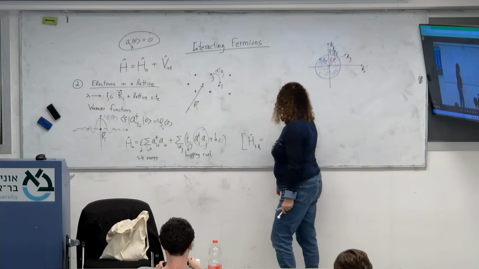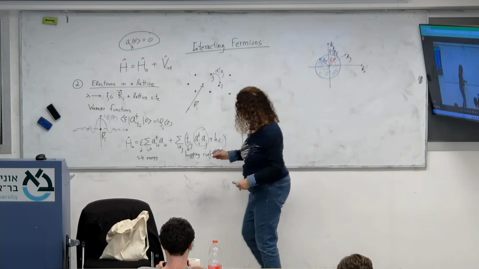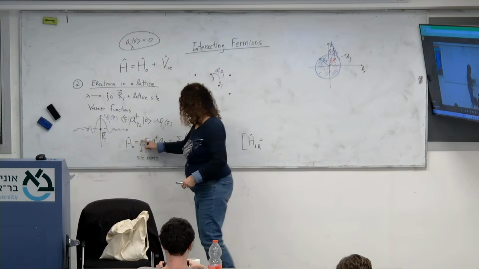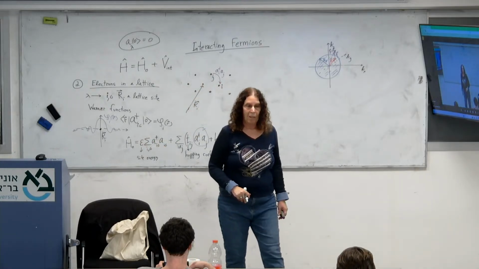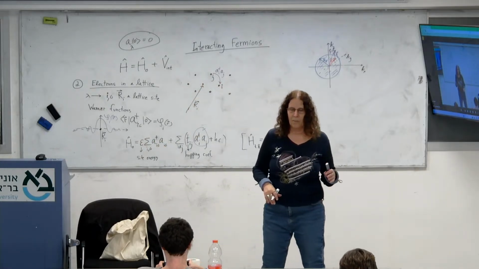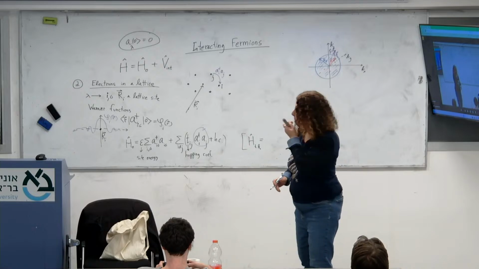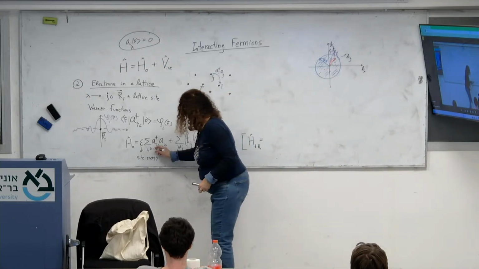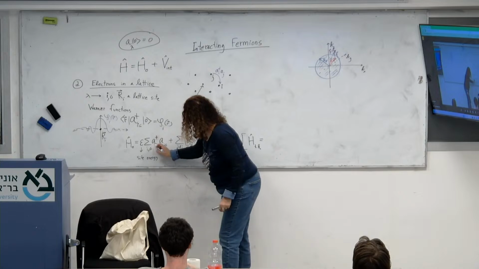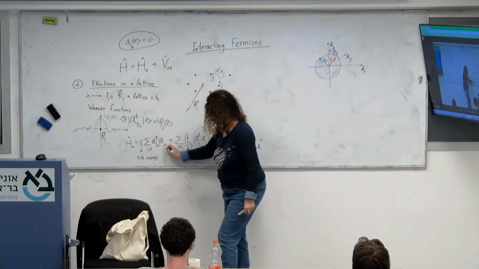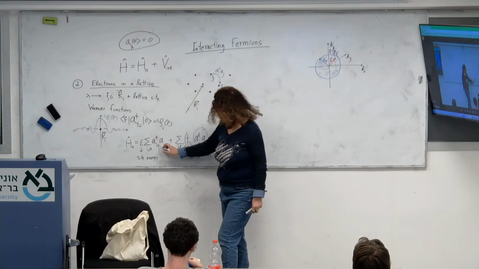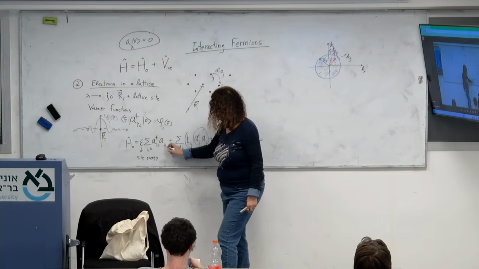Okay, the first term is usually some constant that you don't care about. Why? What is this operator? This is a local operator, a†_{i,σ} a_{i,σ}.